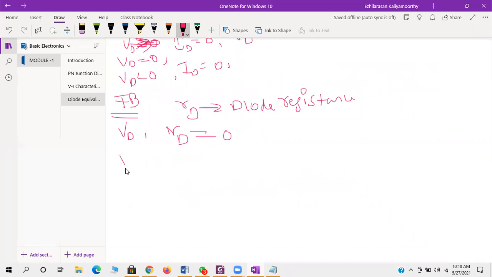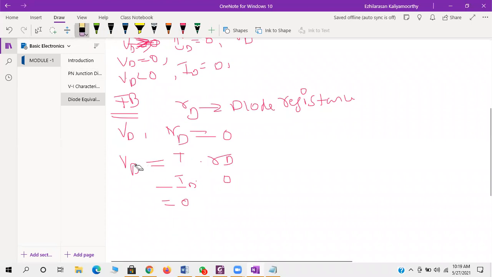As per Ohm's law, V is equal to IR, so VD is equal to ID into RD, where RD is equal to 0, irrespective of the current increase in ID. So VD will be equal to 0. Here VD is not the applied voltage. Let me do it in this way, better.